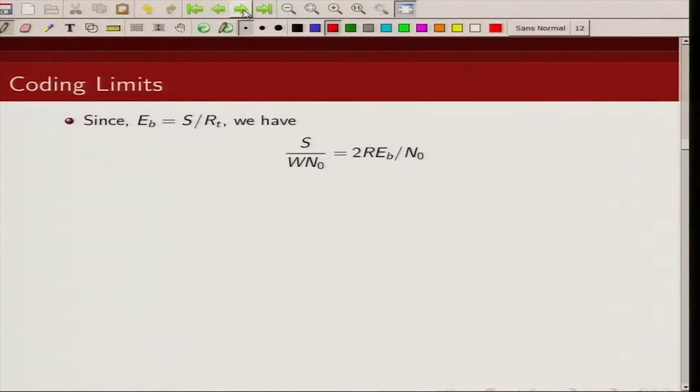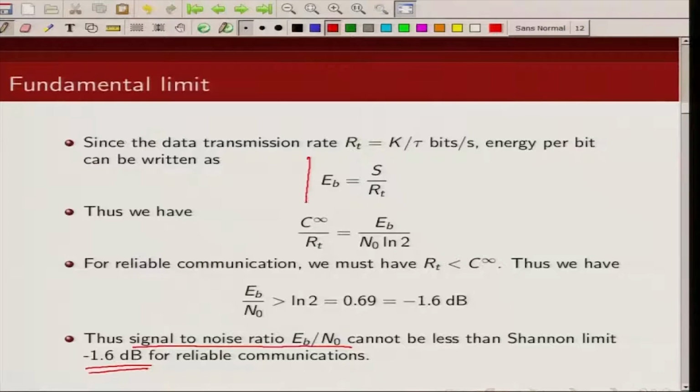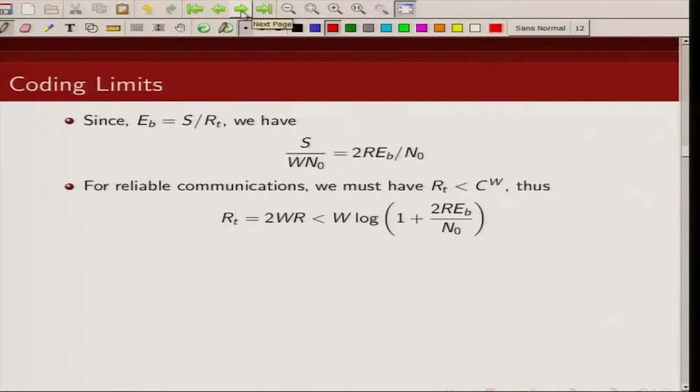Now, we know that energy per bit is given by signaling power by transmission rate. This we have done in the last example. So, using this, we can write S by W N naught in terms of E_b by N naught.